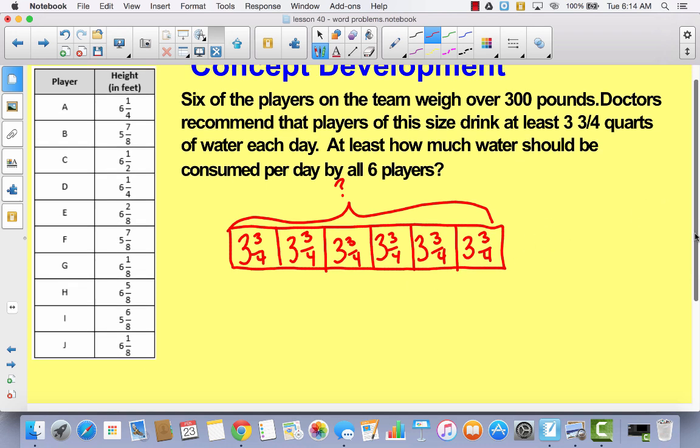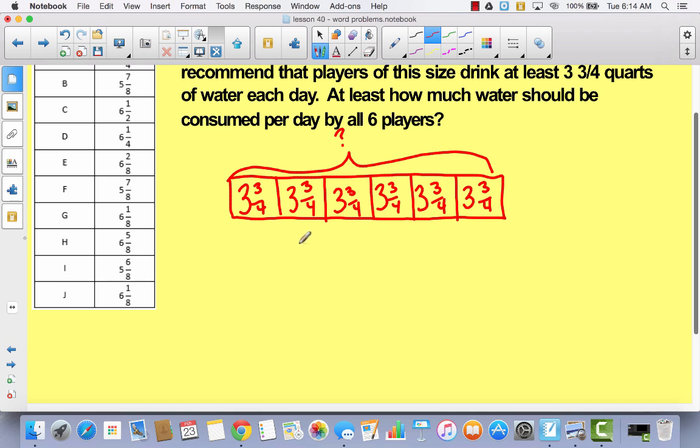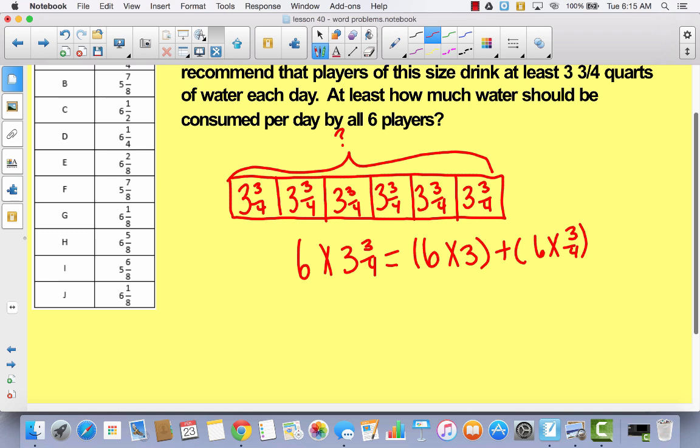We could say 6 times 3 3/4. Remember, that's the same thing as using the distributive property. We're going to say 6 times 3 plus 6 times 3/4.